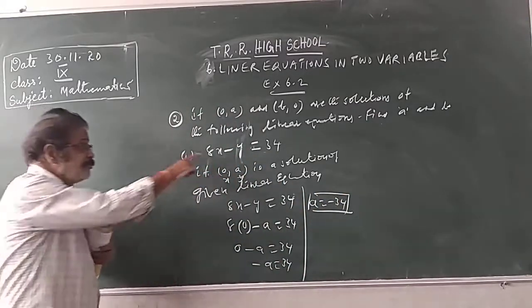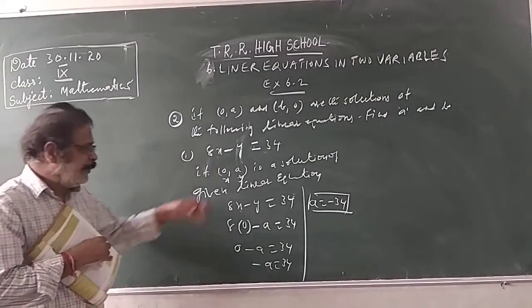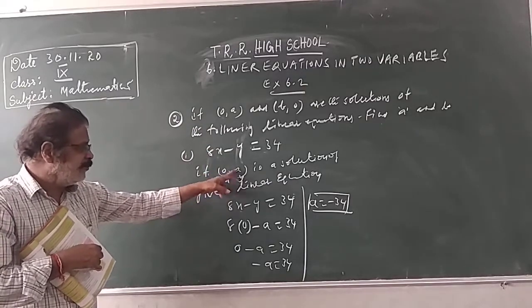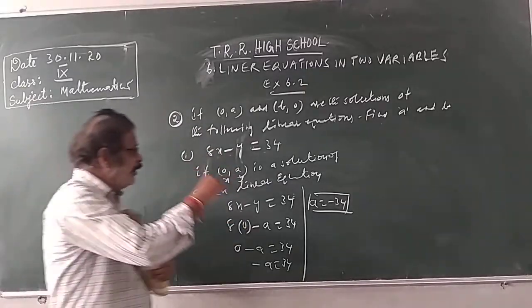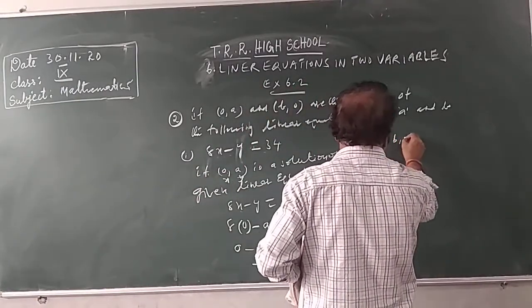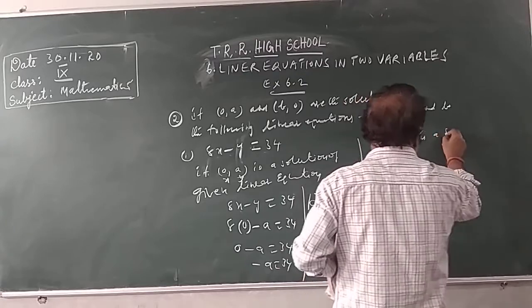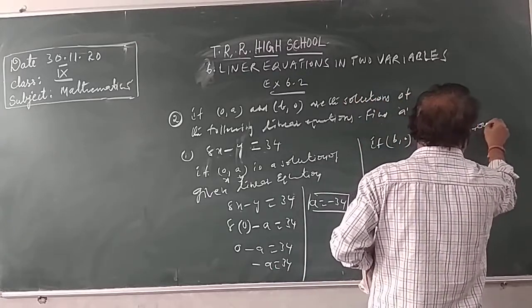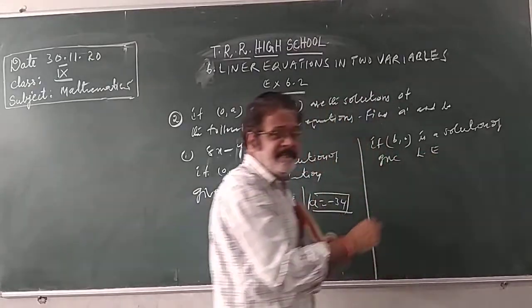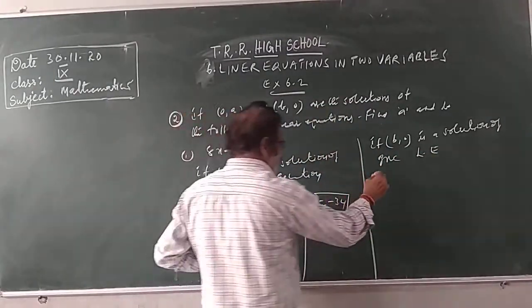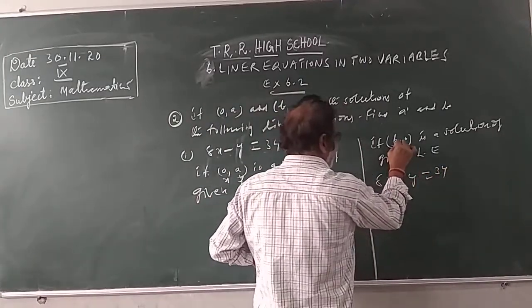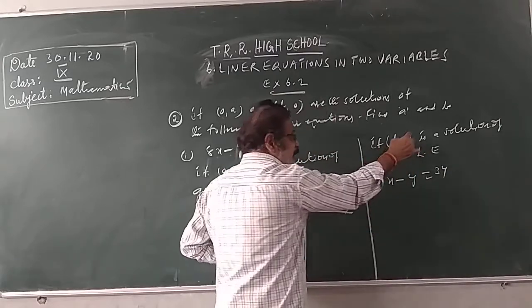(0, a) is the solution of this linear equation, which means it should satisfy it. Substitute x is equal to 0, y is equal to a, and we got the a value. Similarly, (b, 0): if (b, 0) is a solution of the given linear equation 8x minus y is equal to 34, the first value is x and the second value is y.